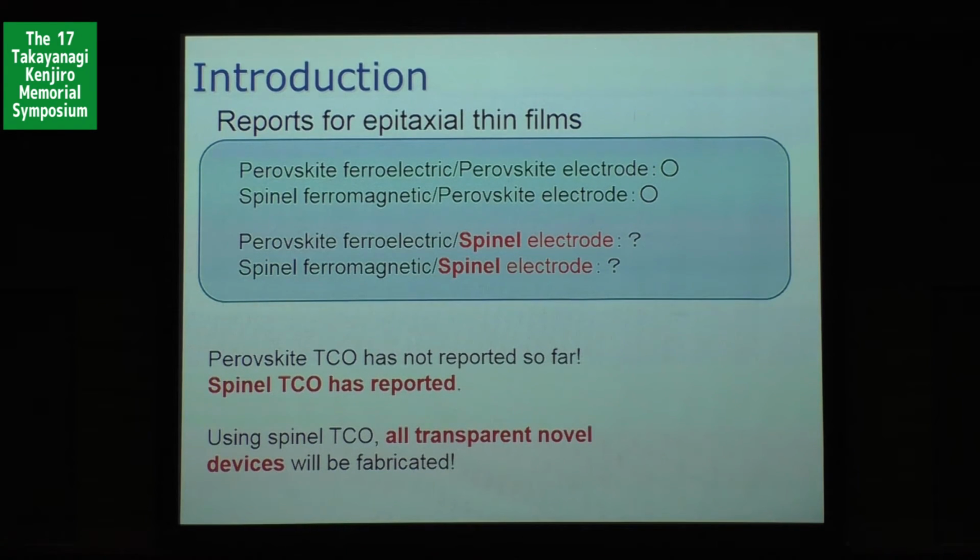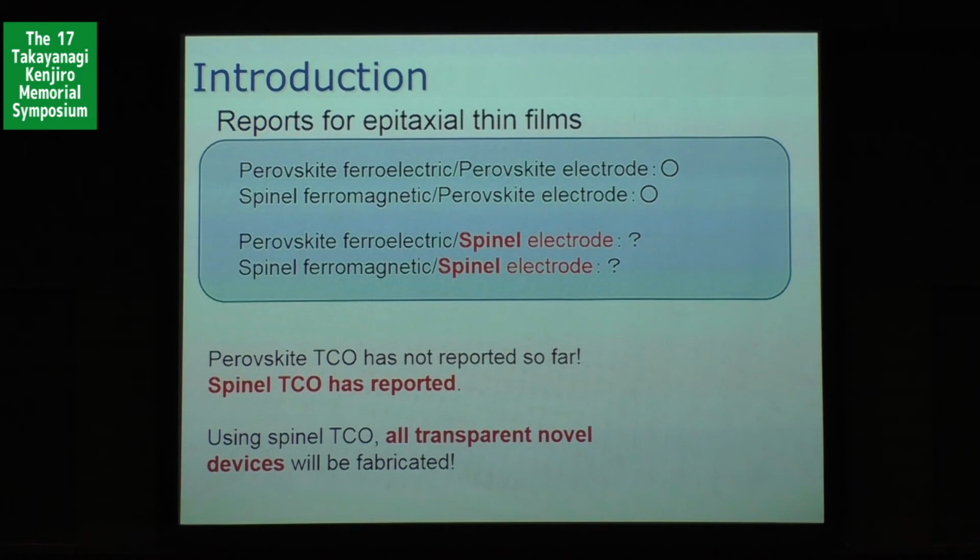However, there are very few reports about spinel structure ferroic materials epitaxially grown on a spinel electrode. There is almost no report. As I said, a perovskite transparent conductive oxide has not been reported so far, but in some cases, a spinel type TCO, transparent conductive oxide, has been reported.